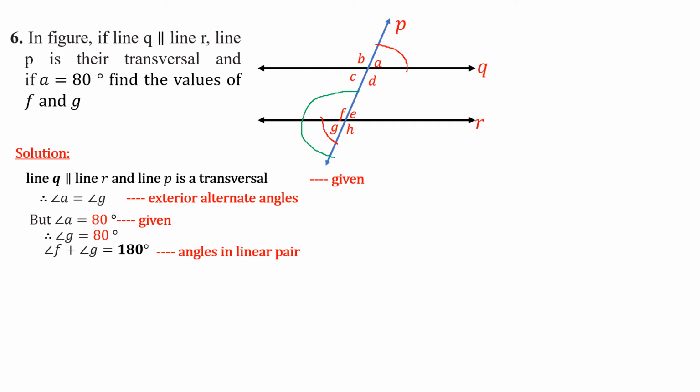Now substitute the value of G. Therefore, F plus 80 degree is equal to 180 degree. Therefore, angle F is equal to 180 minus 80 is equal to 100 degree. Solve this example in your notebook.